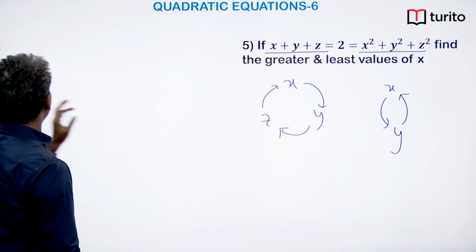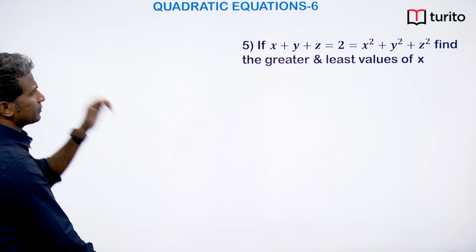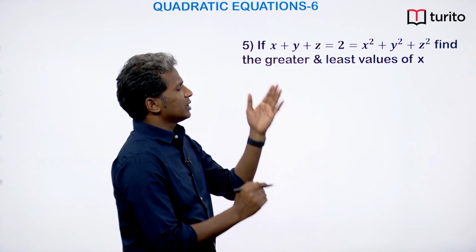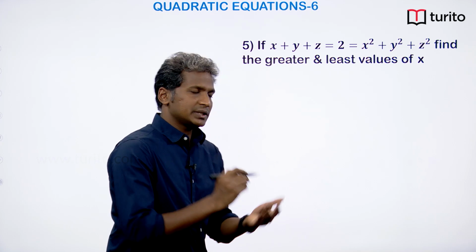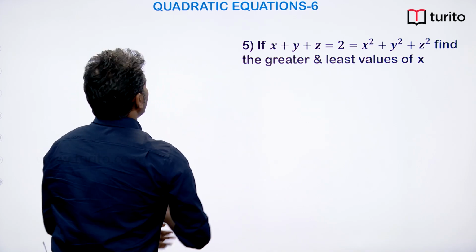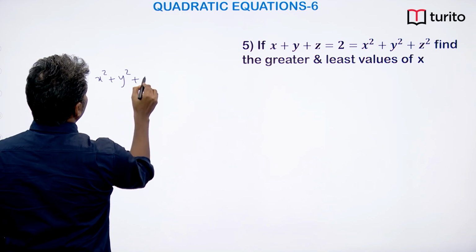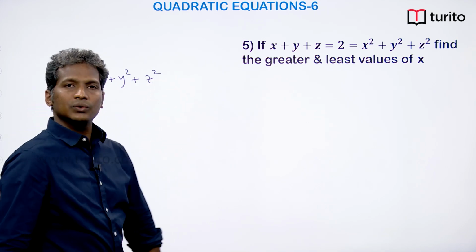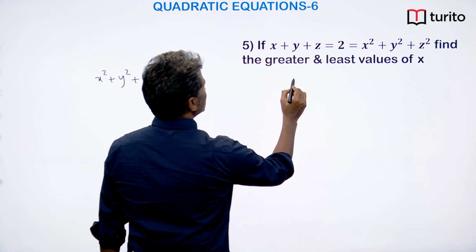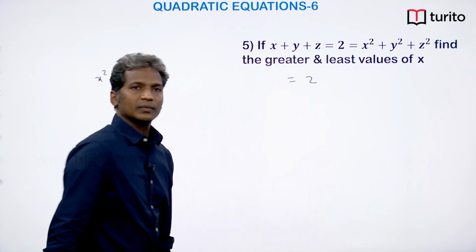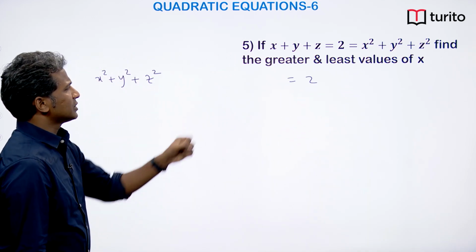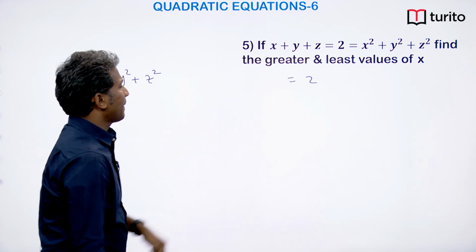Okay. Now let us proceed with the question. So now when it comes to the question, how do we proceed with this? Let us take this idea. We know that x square plus y square plus z square is equal to 2 units. So, let me just put 2 here. Now, why did I leave gap? Because I am going to introduce these terms here.